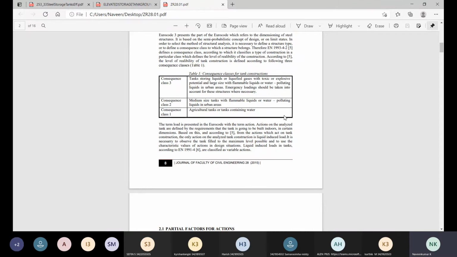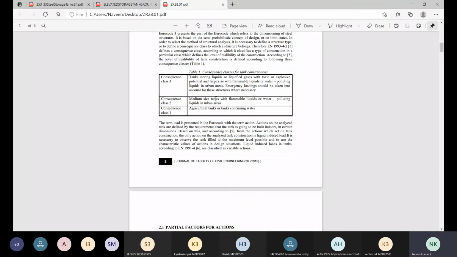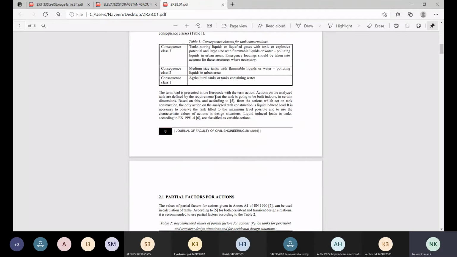Now the class 3 tank. This tank is used for storing liquids and liquefied gases with toxic or explosive nature, and is of large size, with flammable or water polluting liquids in urban areas. Emergency loading should be taken into account for those structures wherever necessary.